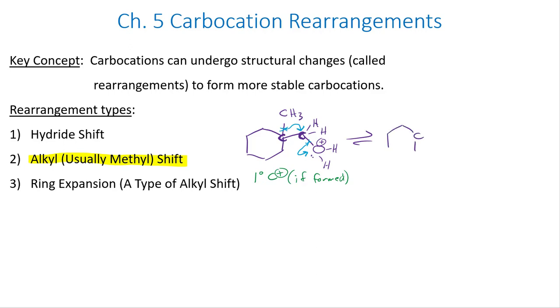So this is a substrate that would normally have reacted SN2, and we can have carbocation rearrangements even when we don't have a carbocation. We're using this to illustrate that example. That puts the charge on that now tertiary carbon, so we have a much more stable carbocation.